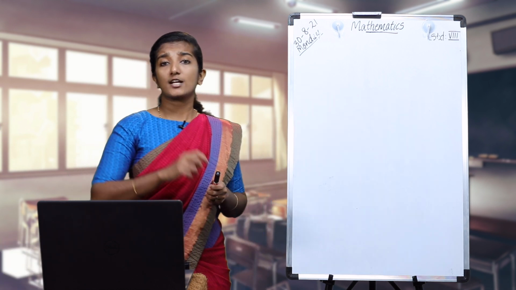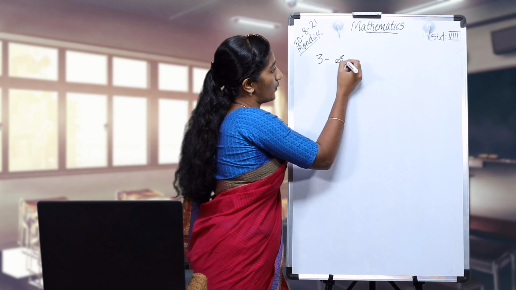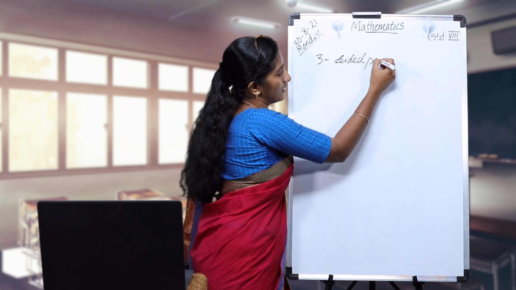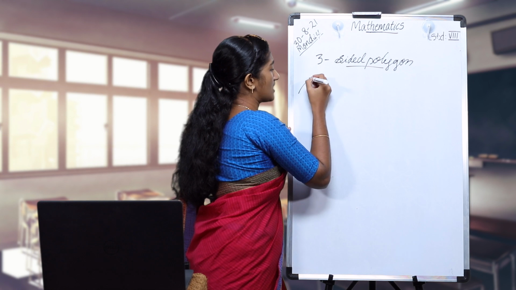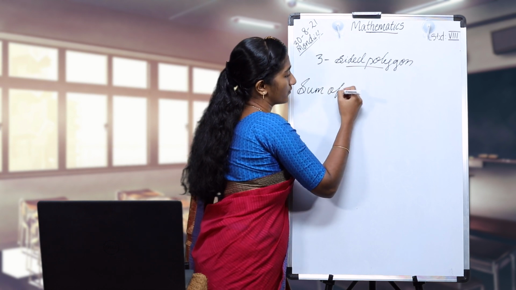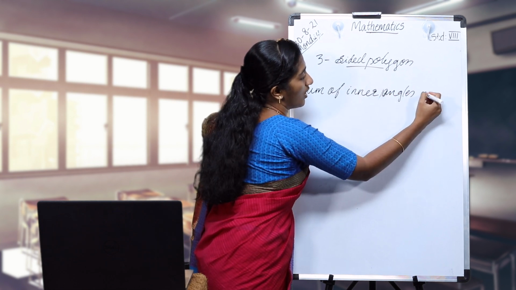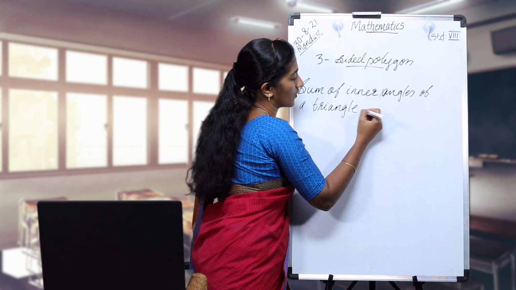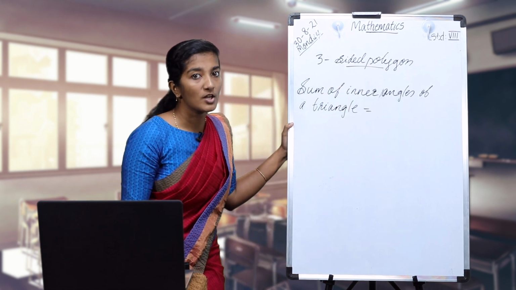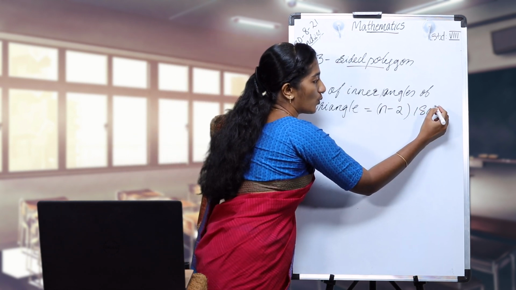Okay, then what is the sum of inner angles of a triangle? We considered a 3-sided polygon. How can we find that? Using the formula (n minus 2) into 180 degree.